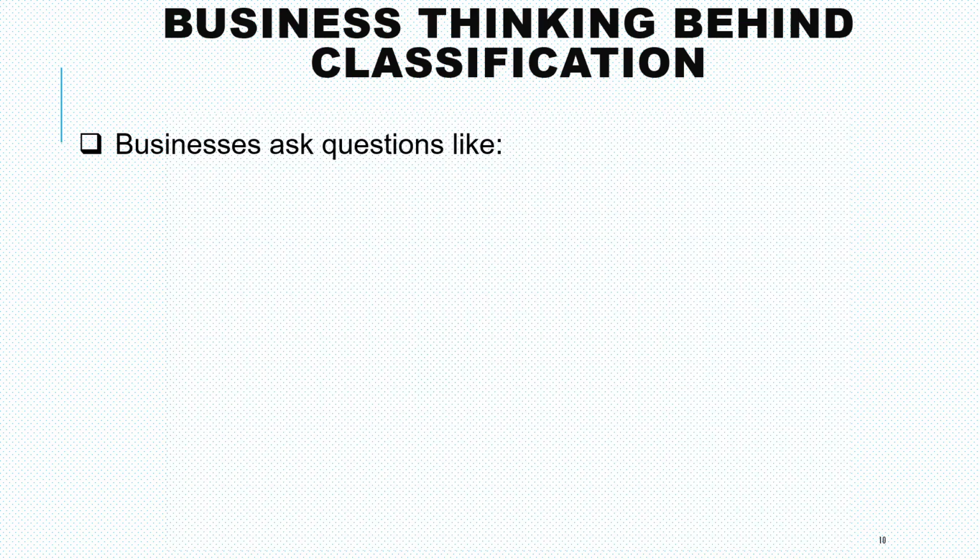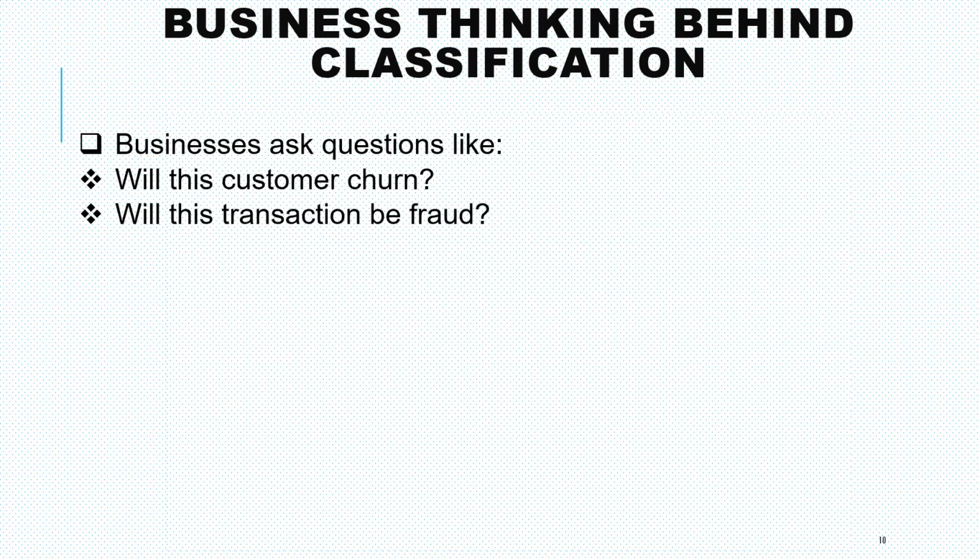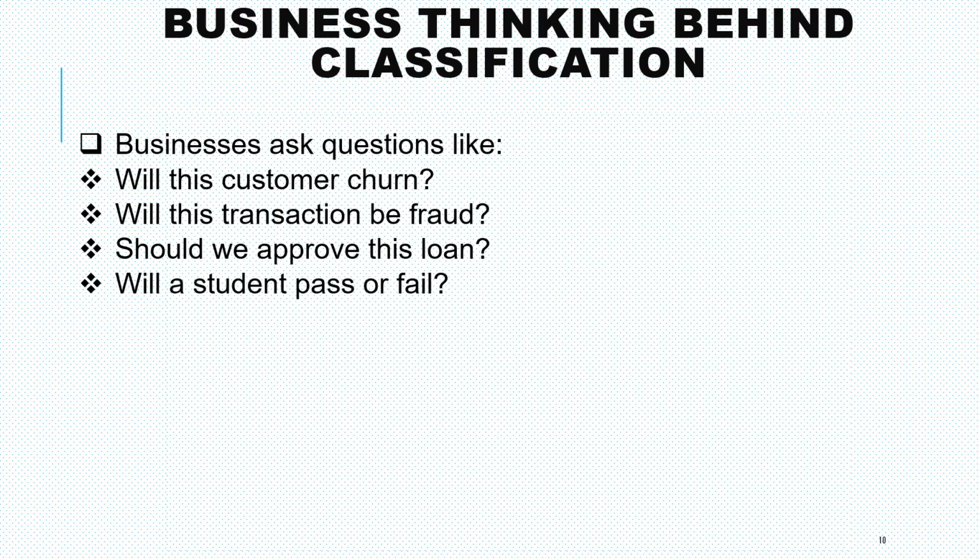Businesses ask questions like, will this customer churn? Or will this customer leave? Will this transaction be a fraudulent one? Should we approve this loan? Will a student pass or fail?